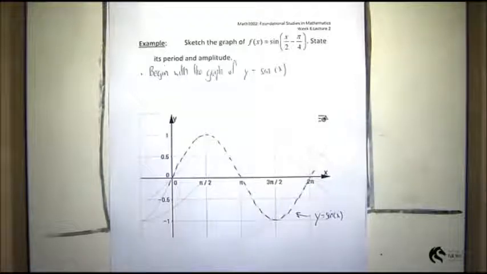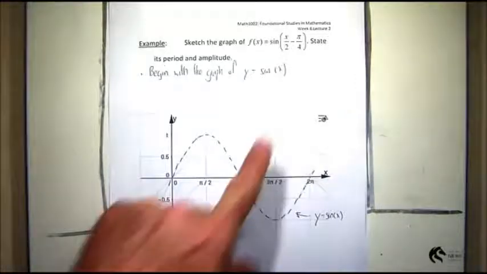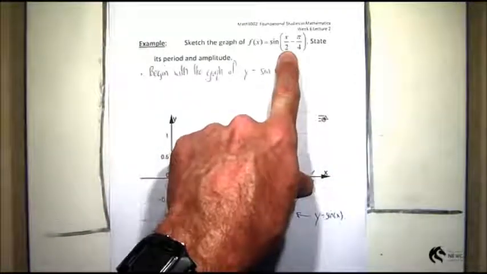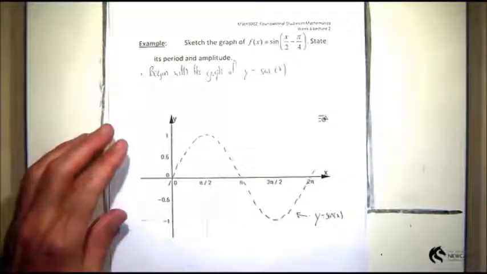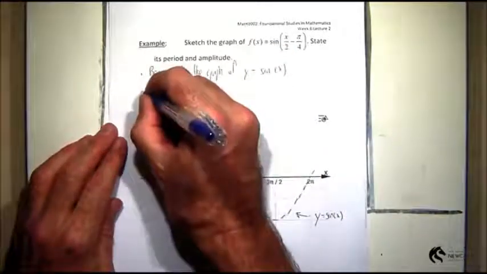Now in this case, it's far easier to work with putting in the n next. So I'm going to look at the graph of sine a half x.